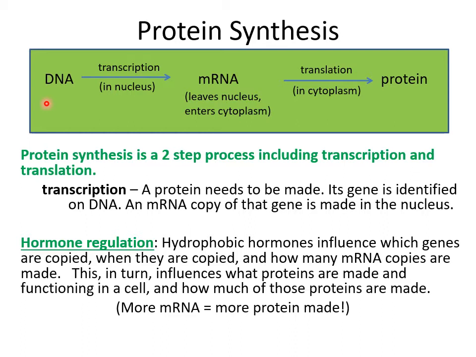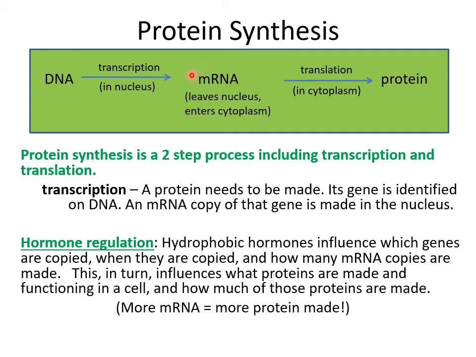In order to make more, for example, dopamine receptors, we have to look up and find the part of a chromosome that has the dopamine receptor gene. And just that tiny segment of that chromosome, we transcribe it. We make a copy of it. And that is an mRNA copy of only, for example, the dopamine receptor gene.